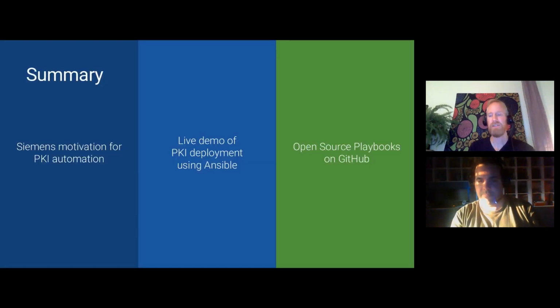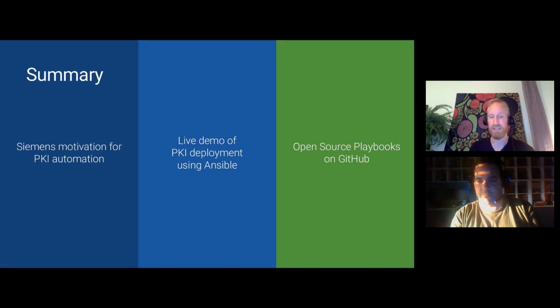So finally, a short summary of what we have seen today. We saw Edgar talking about the motivation for Siemens for PKI automation, which gives orders of magnitude faster and more consistent deployment.